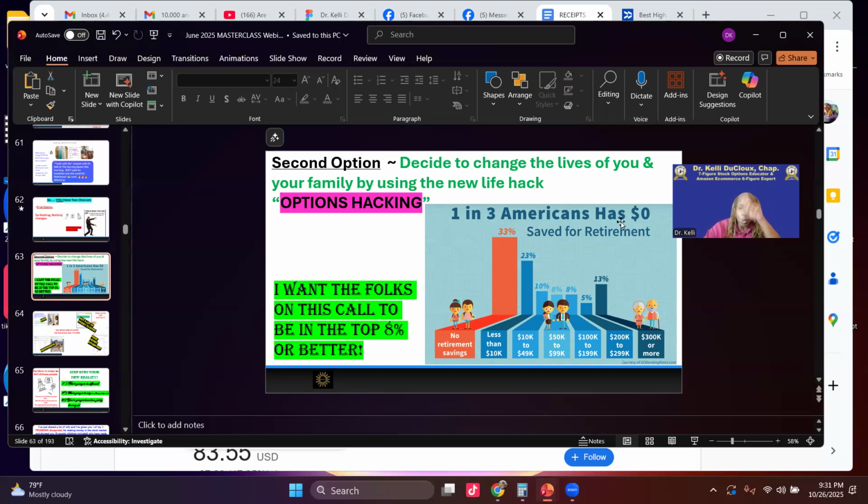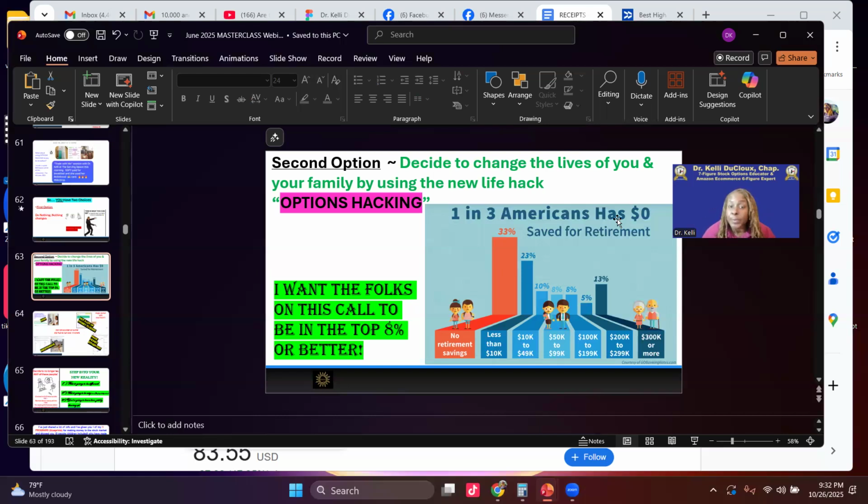That means at least one in this call right here, statistically, one person in this call is going to work and work. And in 2026, they're going to work and work and work. In 2027, they're going to work and work and work. 2028, 2029, 2030, 2035. And then by the time they get to retirement age, they ain't going to have no money saved up. Statistically.